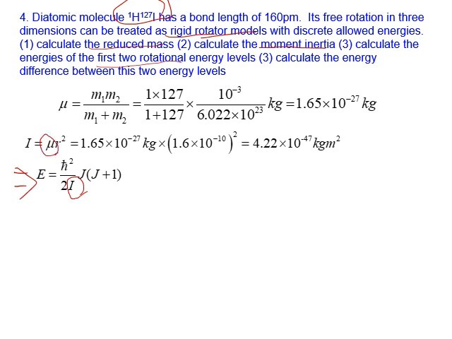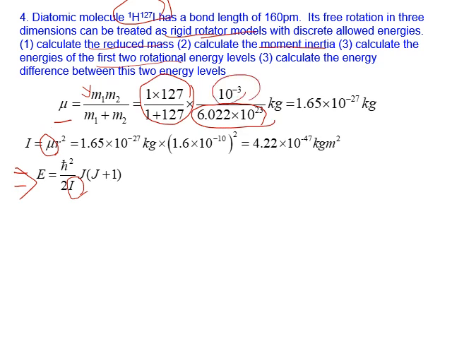Step by step, we first calculate the reduced mass, m1 m2 over m1 plus m2. But this m is the mass of one atom, so a hydrogen atom and an iodine atom. Now, if we use molar mass, then you need to change to one atom. So you can divide by Avogadro's number and then change to kilograms.